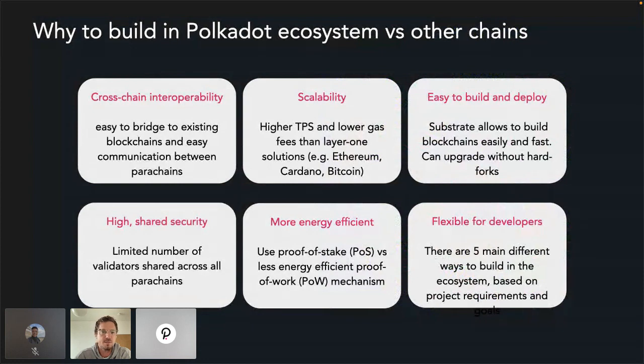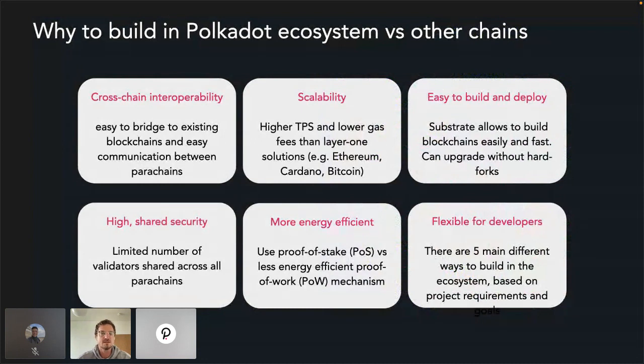If we think about the capabilities and the opportunities you get by connecting to Polkadot, it's a bunch of things that are very new and very valuable for teams trying to build in the ecosystem. So let's start out with a couple of examples.